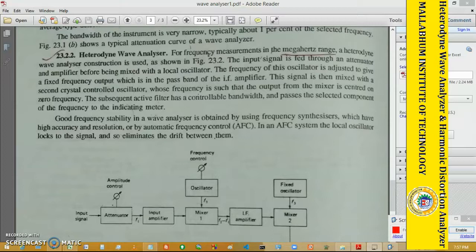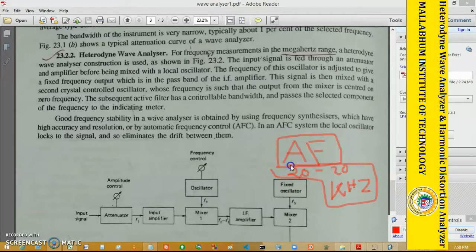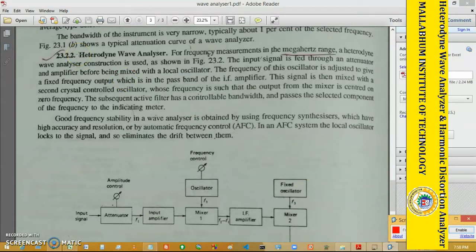So the first classification, the frequency selective wave analyzer, operates only in the audio frequency range, and the audio frequency range extends only from 20 hertz to 20 kilohertz. For that range we only apply the frequency selective wave analyzer. Okay, and next is your heterodyne wave analyzer.